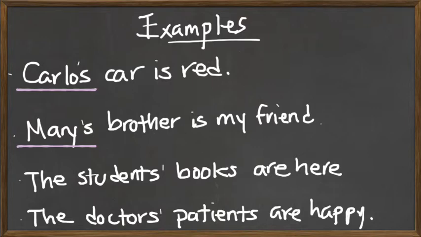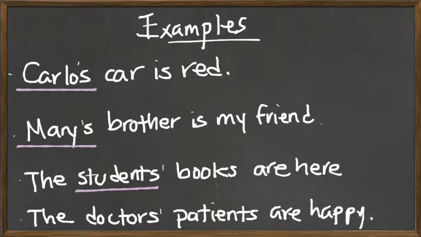In the next example, we have the students' books. One more time. The students' books are here. Here we have the possessive form of students.